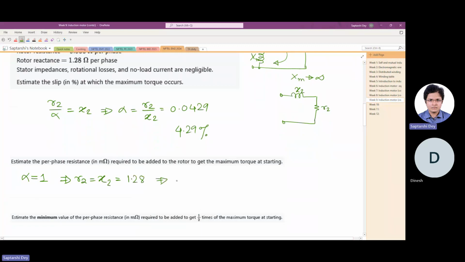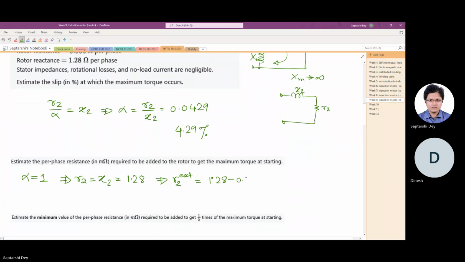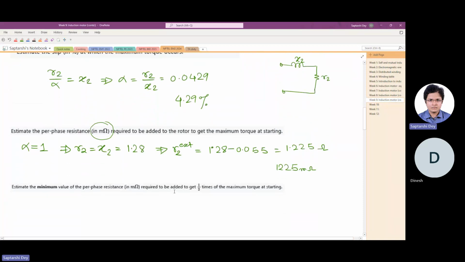Now R2 we already have some value, so R2 external should be 1.28 minus what you already have, 0.055. This gives us 1.225 ohm. They said in milli ohm, so 1225 milli ohm. So be careful about these things in the final exam, if you are at all appearing, because that will be numerical type answers and it will be checked by computers.